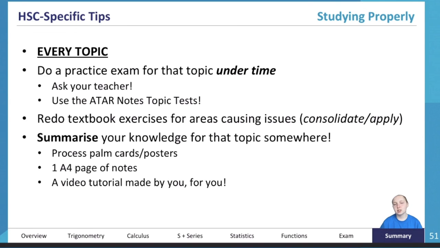For topics you just want to get the basics down before you practice the applications, do some of your textbook exercises. Summarize your knowledge for your topics somewhere, whether that's on palm cards, making yourself summary posters, summary notes, creating a little video for yourself or a little podcast, like a voice memo on how to do something. Something that you can look back on in case you forget how to do something.